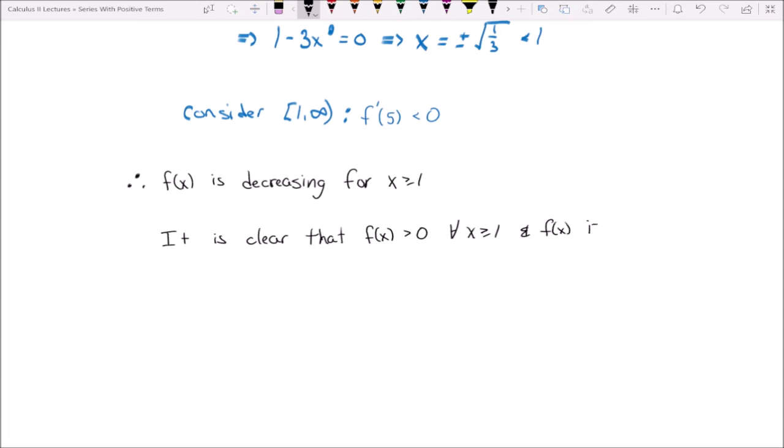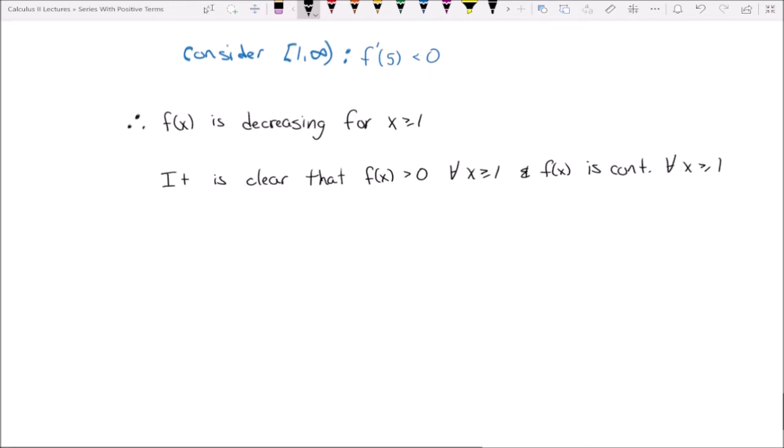So f of x is also continuous for x greater than or equal to 1. Now let's take a look at the integral from 1 to infinity of x over x squared plus 1 squared.